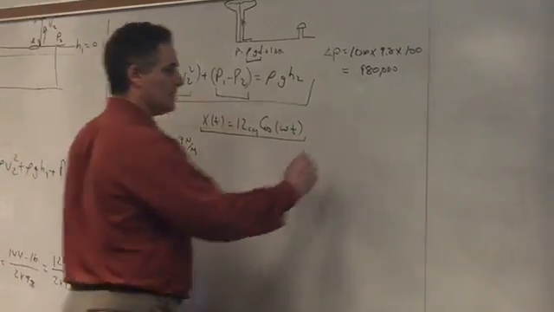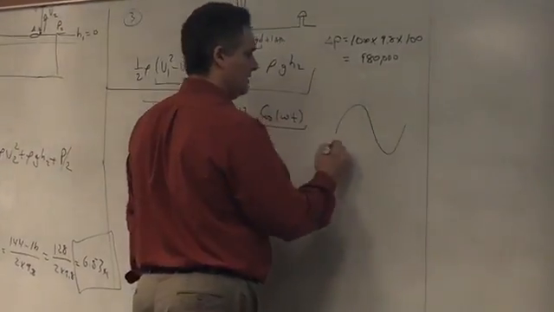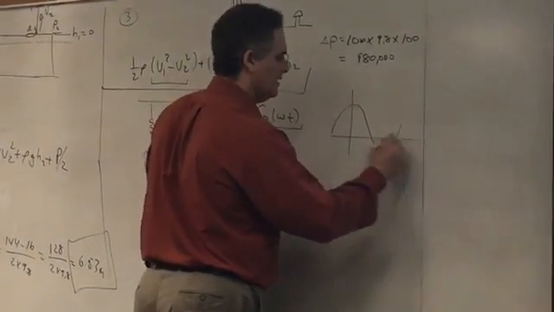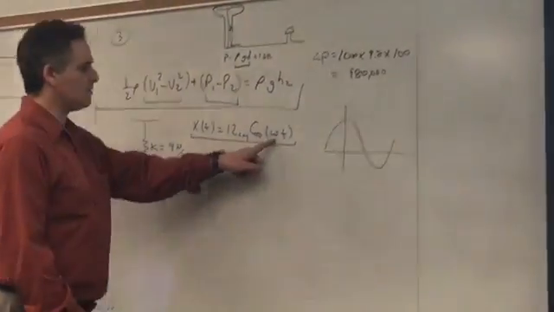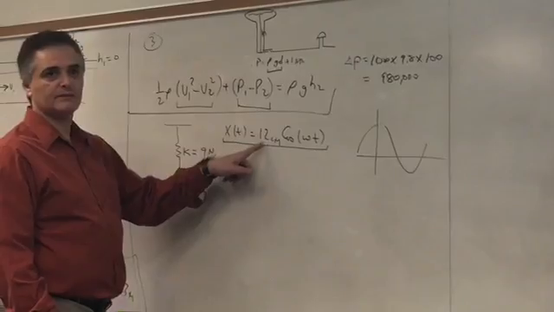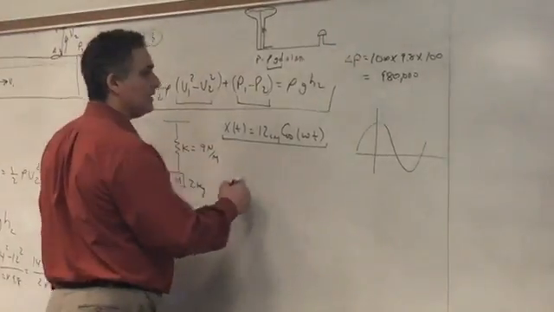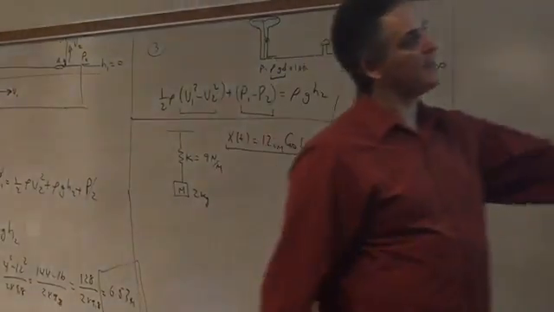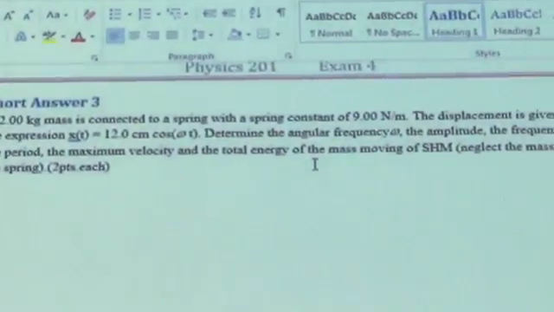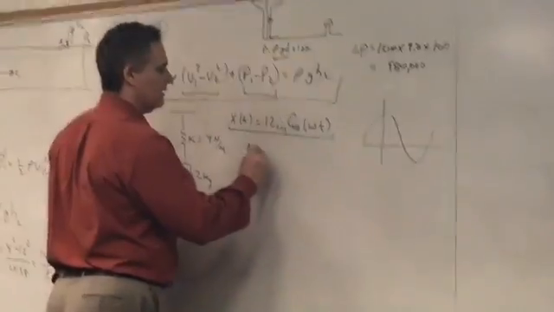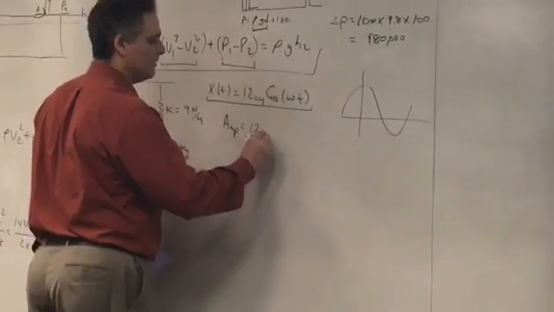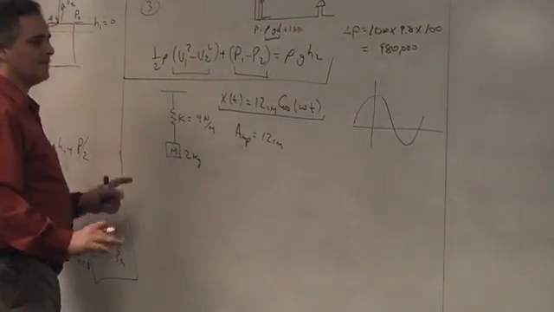Cosine looks like this, between 1 and minus 1. So its maximum value is 1. When this equals 1, x equals 12. So the maximum displacement, or the amplitude, is 12 centimeters. That's the first thing we figured out.